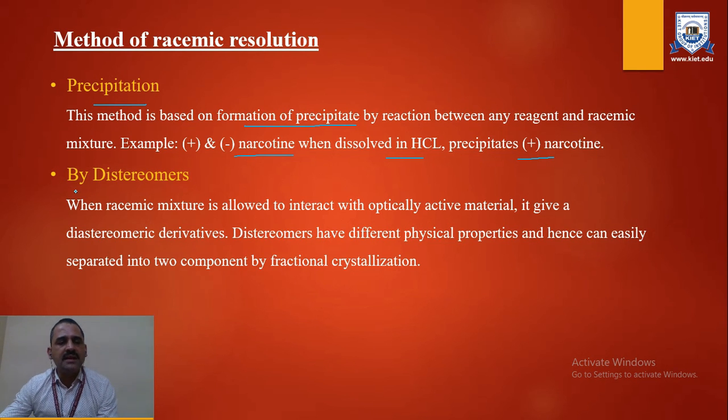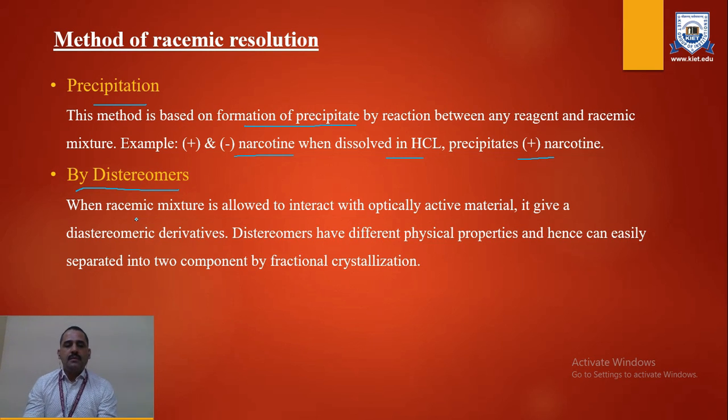The last method is by diastereomers. What we do is add a diastereomer in between the two enantiomeric forms of the racemic mixture. The diastereomer will bind with the two different enantiomers, and it will help to separate out a single type of enantiomer.